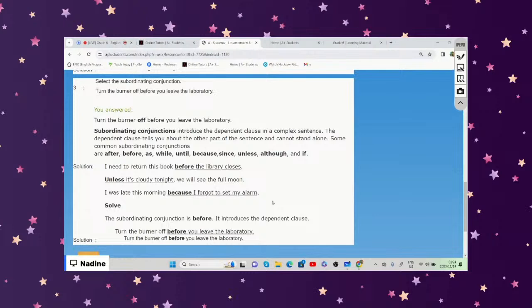If we select the subordinating conjunction, it is before. If we select the dependent clause, it is before you leave the laboratory. It means you need to turn the burner off, but it is before you leave the laboratory. And the word before in that sense is a subordinating conjunction.